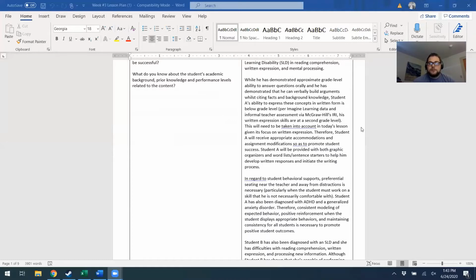His written expression skills are at a 2nd grade level according to that measure. Now, this will be taken into account in today's lesson, given its focus on written expression.